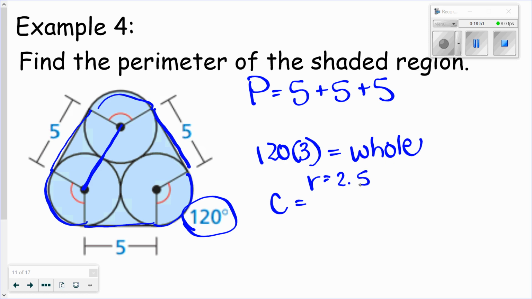Okay, so we've got a circumference where it's 2 pi times 2.5. Okay, and then you are going to add that to 15, and you should get roughly 30.1.